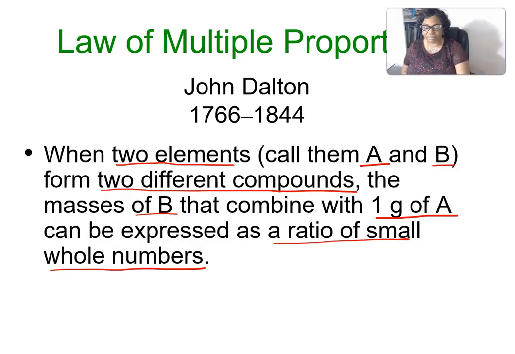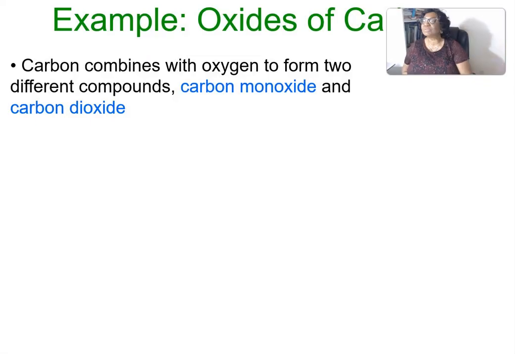So let's continue. We want to look at this law with respect to carbon monoxide and carbon dioxide. Carbon combines with oxygen to form 2 different compounds, carbon monoxide and carbon dioxide.